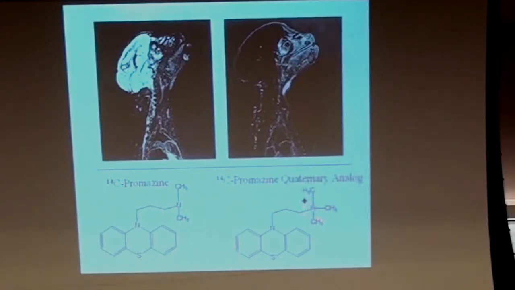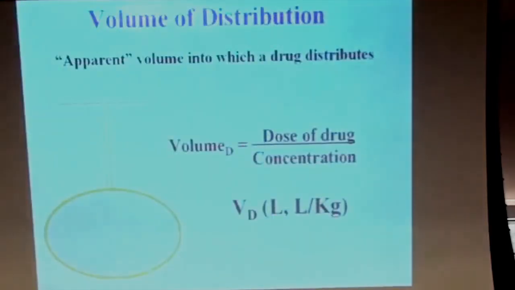If you now put a quaternary group on the promethazine, it has become membrane impermeable. You see the CNS is now completely dark. This drug no longer goes into the brain. Not even a little bit.